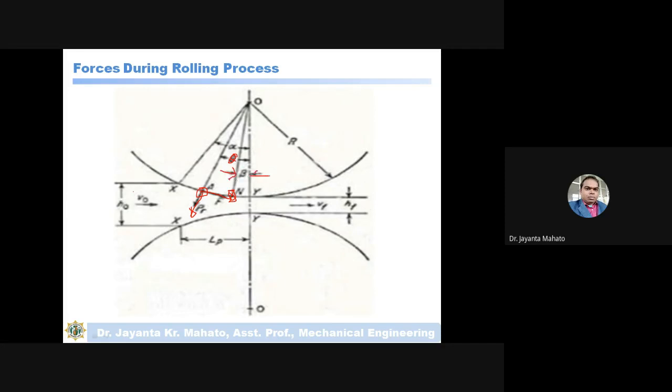Beta is the angle between the line from the neutral point to the center and the vertical axis.